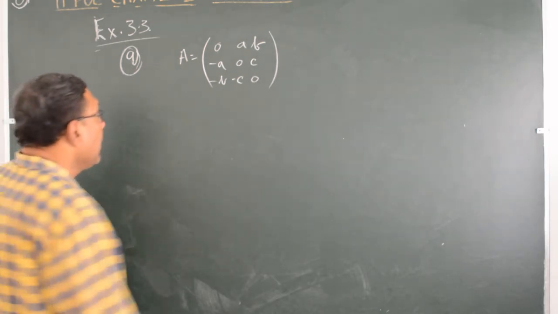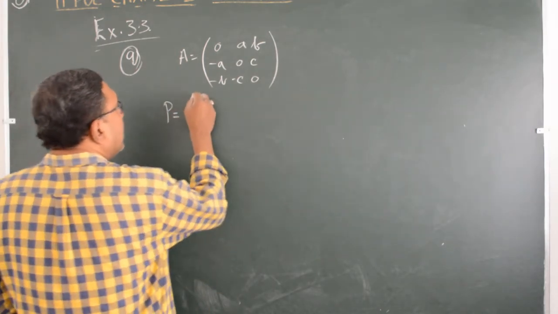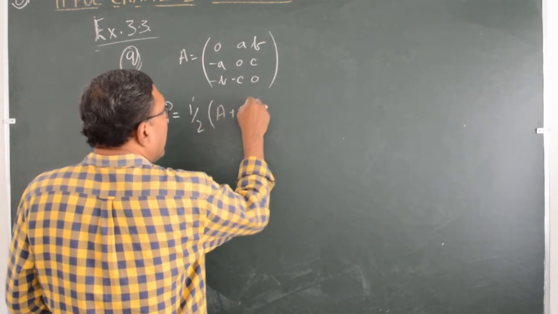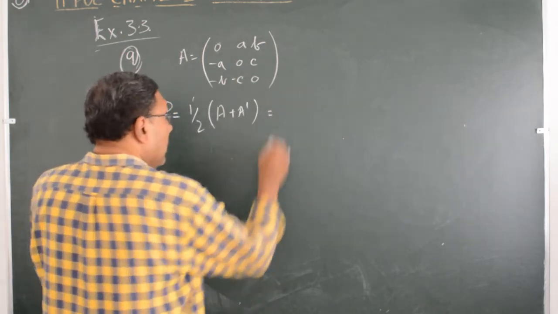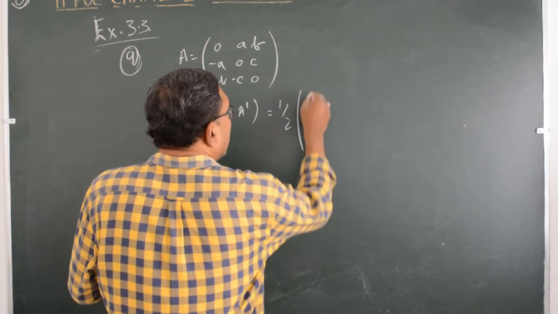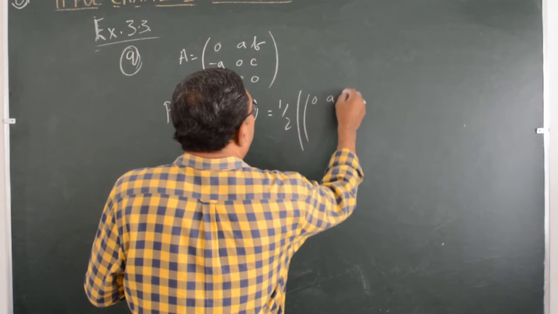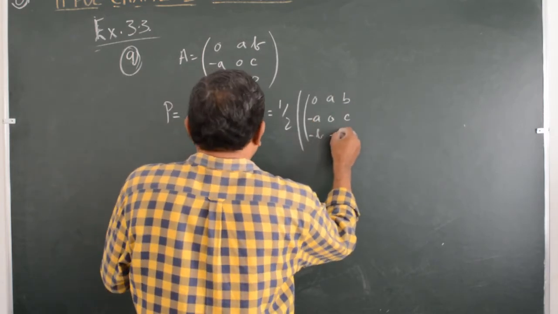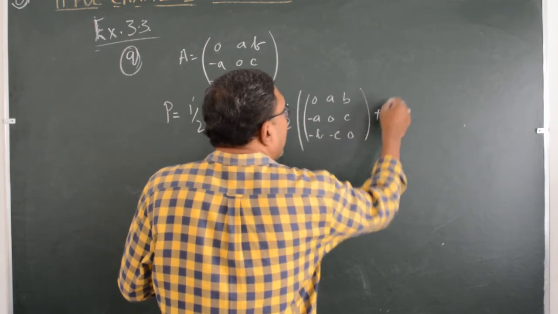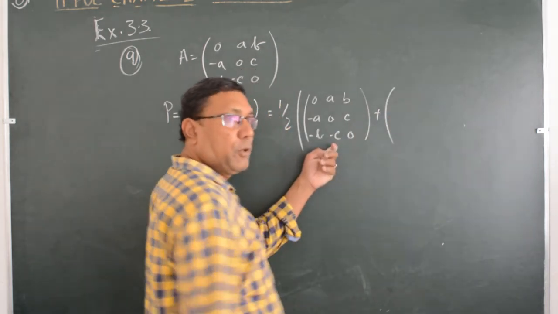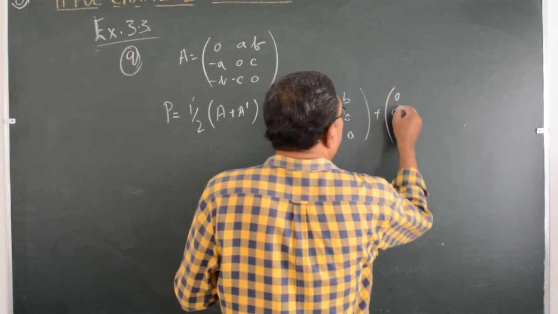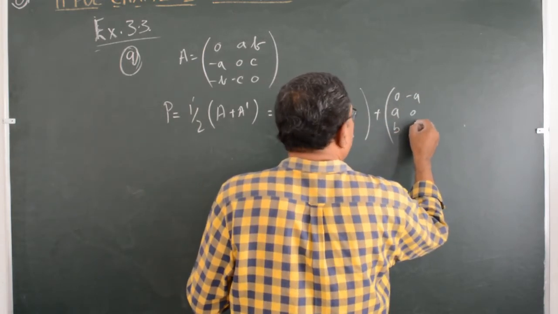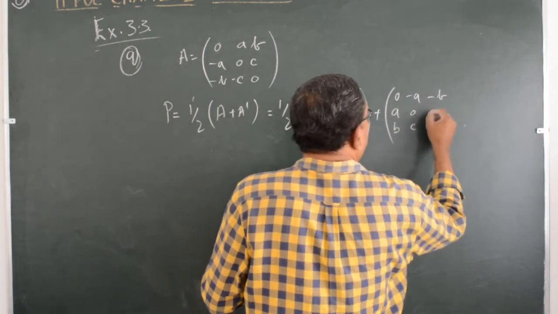Let us first test the symmetric nature: P, which is equal to half, keep it outside, then 0, a, b; minus a, 0, c; minus b, minus c, 0 should be added with its transpose: 0, minus a, minus b; a, 0, minus c; b, c, 0.